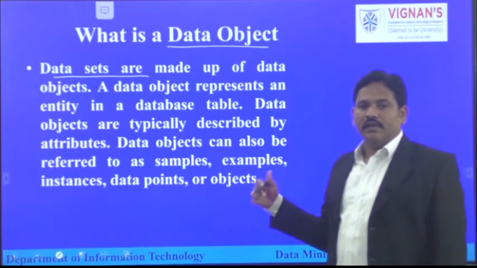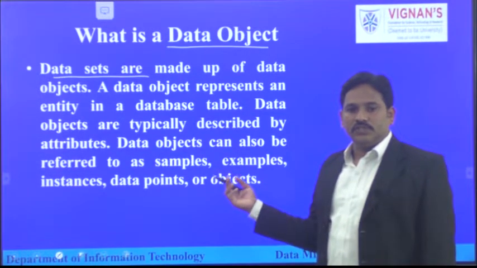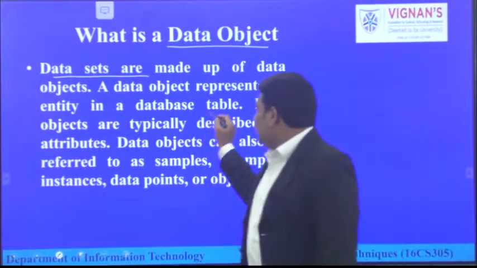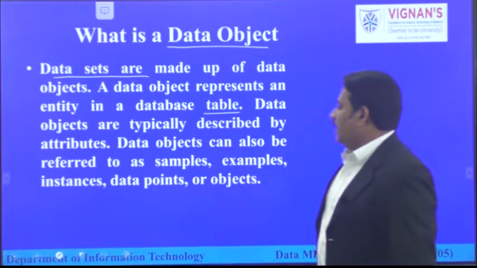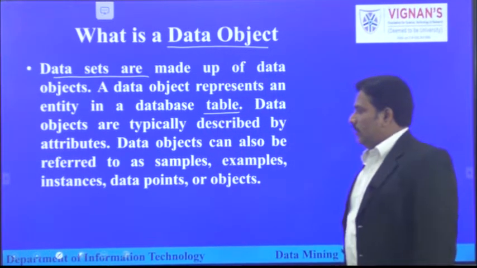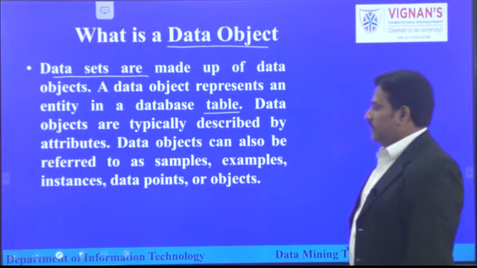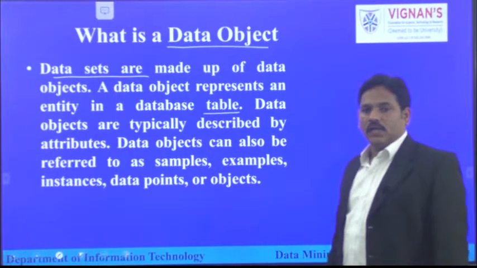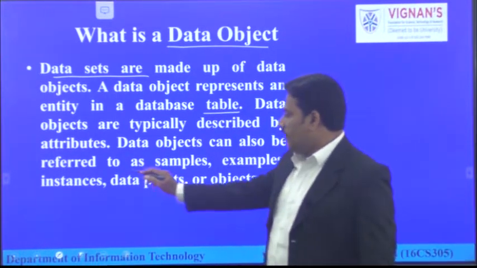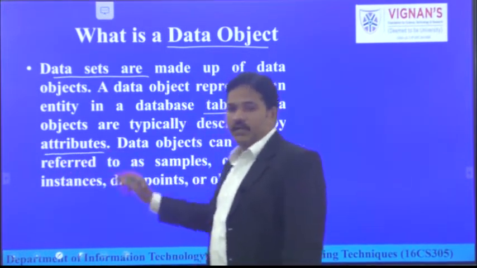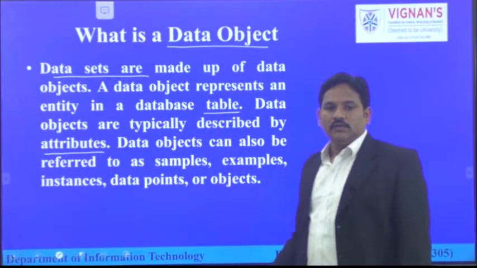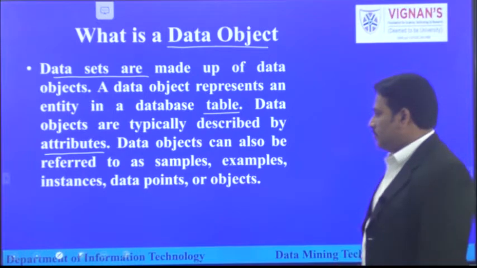That means it can be relevant information related to a particular database table. Data objects we can describe and call as attributes. Every attribute will carry a uniqueness in the form of its value and its naming convention.